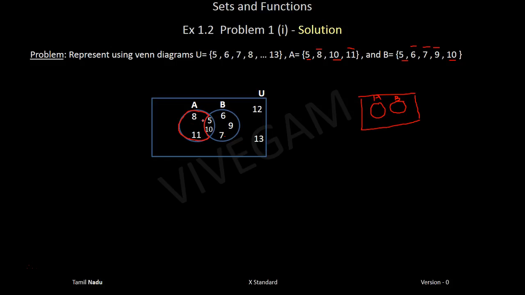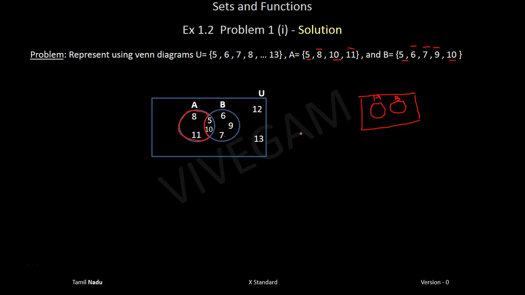Okay, and if you have elements common between A and B, you'll have to draw two intersecting circles and put the common elements here. Then the next step is to write all the elements of A which are not in B, right? There is A minus B here, then B minus A here. And that's how the Venn diagrams have to be represented.